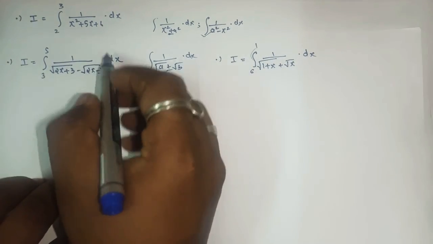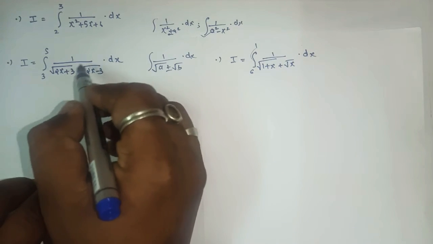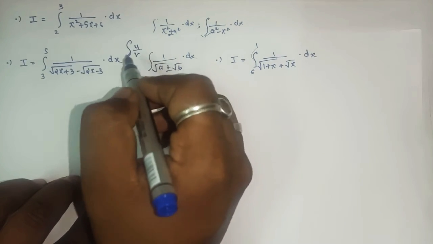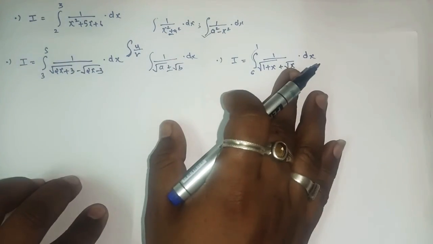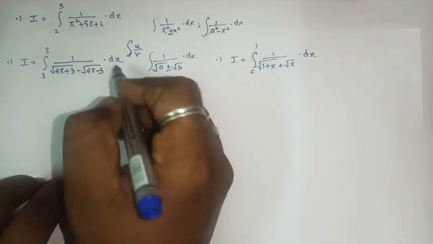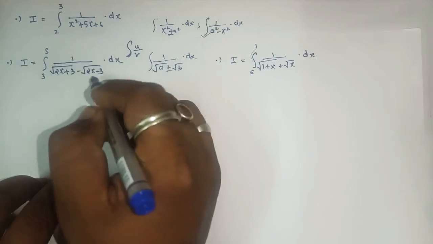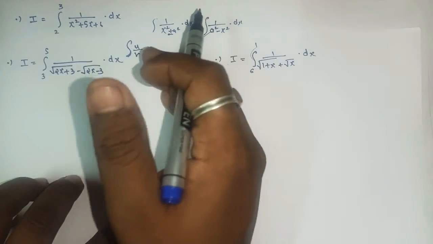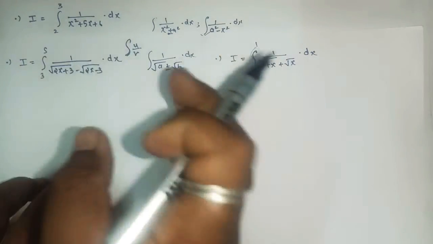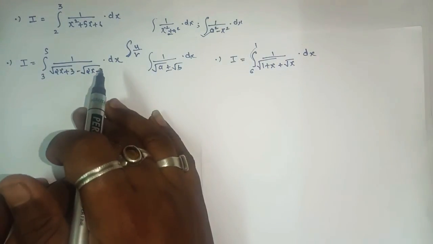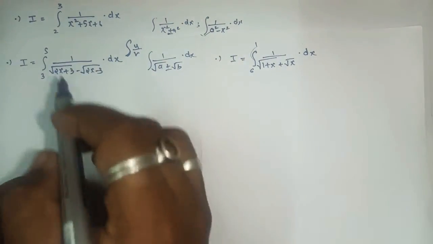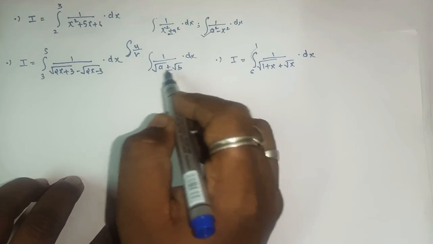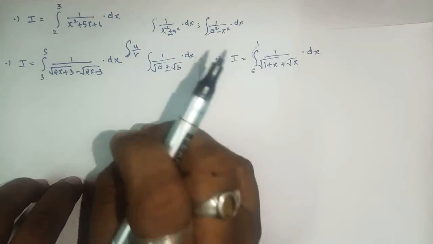In the first case it is in the form of u by v, and we know the u by v rule is not applicable in integration. So anyhow we have to convert such questions into a pattern where we can apply a suitable formula or concept to integrate further. So whenever you come across a sum based on 1 upon root a plus or minus root b, simply rationalize the denominator.